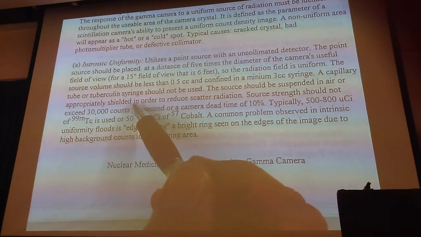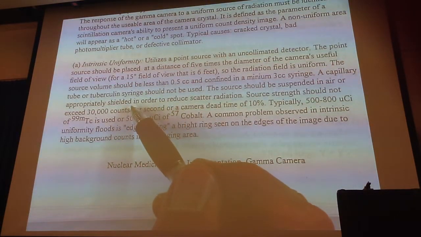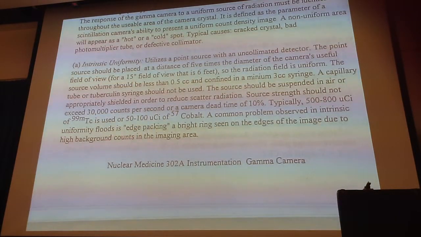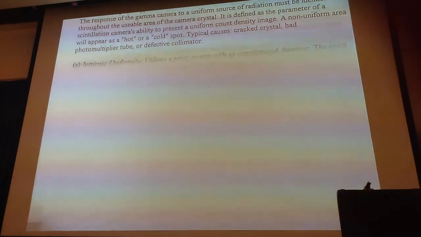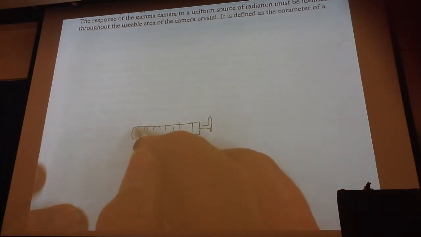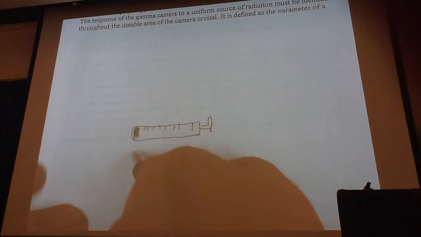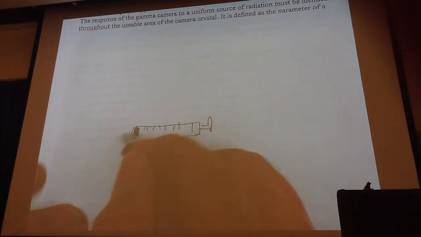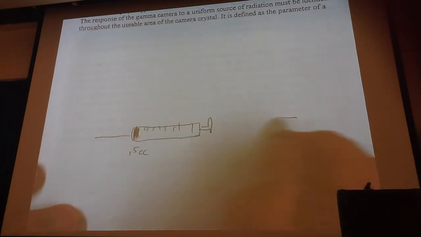Why can't you use a TB syringe for a point source? It's too narrow, so it can be too tall. Yeah, and this is what you're trying to do here. Here's your 3 cc syringe, and here's a half of a cc right here. In a TB syringe, this is half of a cc.